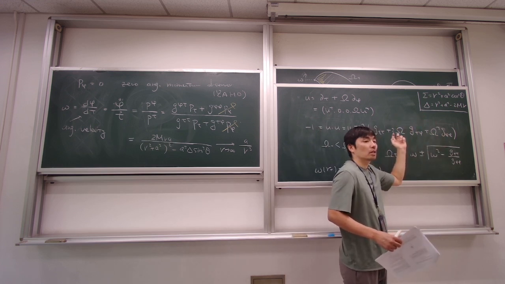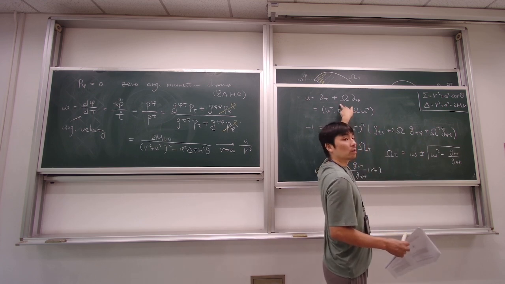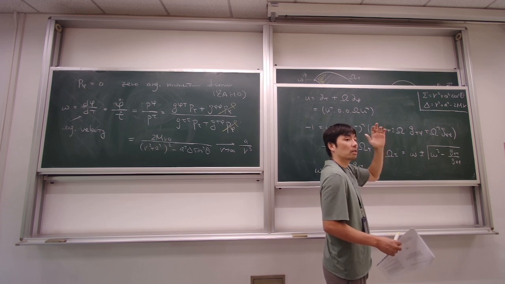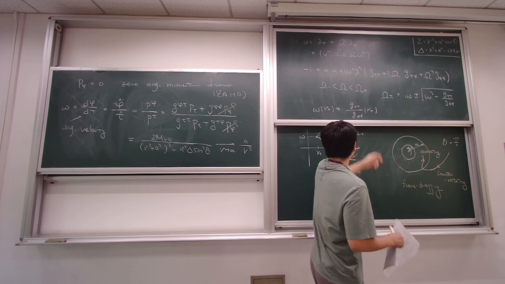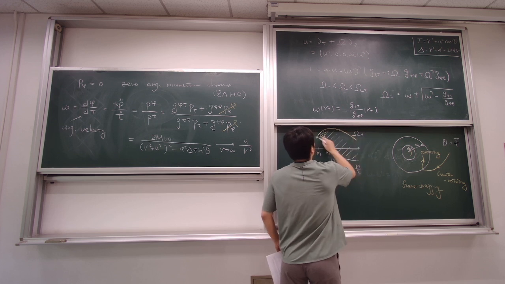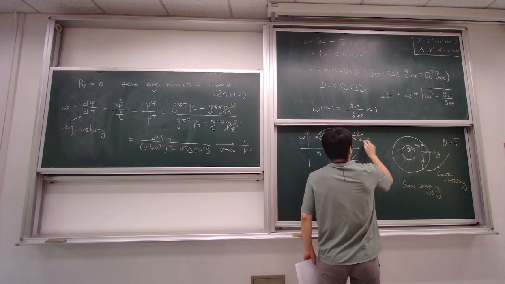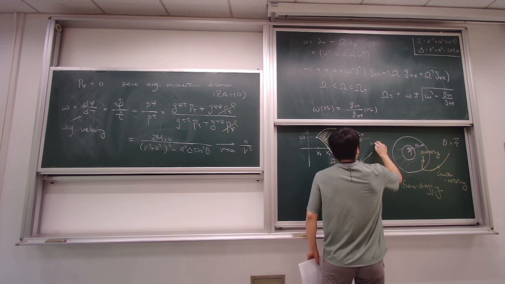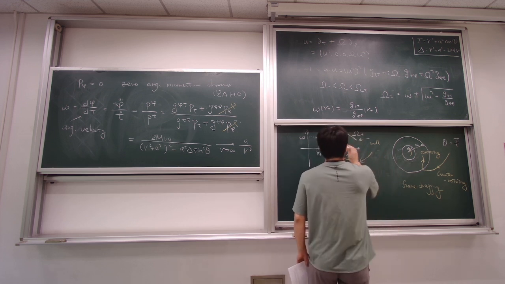So therefore, this vector becomes null instead of time-like at the boundary. If you take the angular velocity like this way, this is the null vector. And the inside here is time-like.